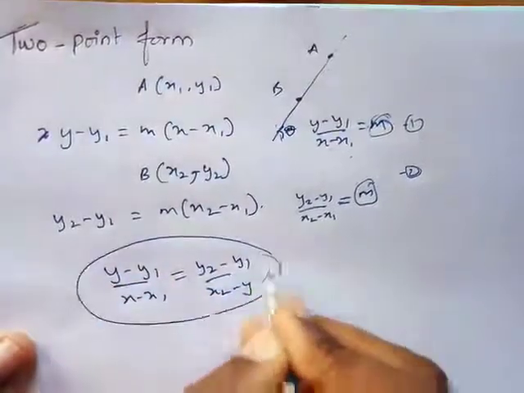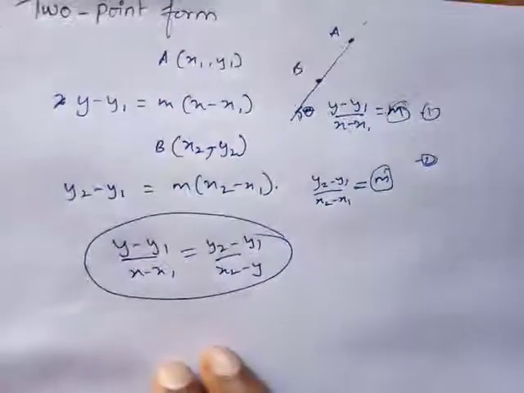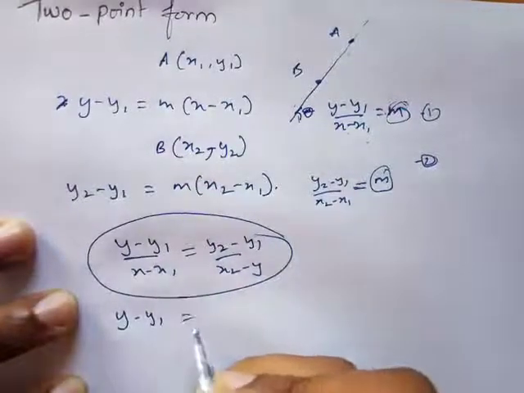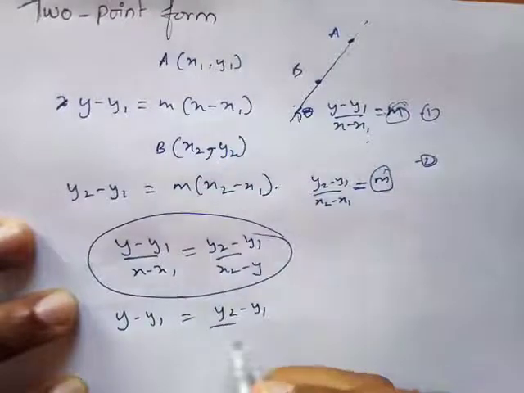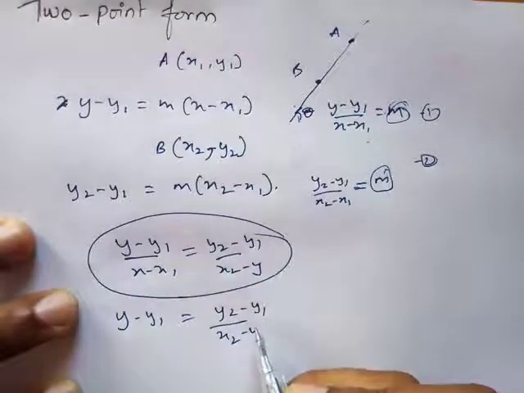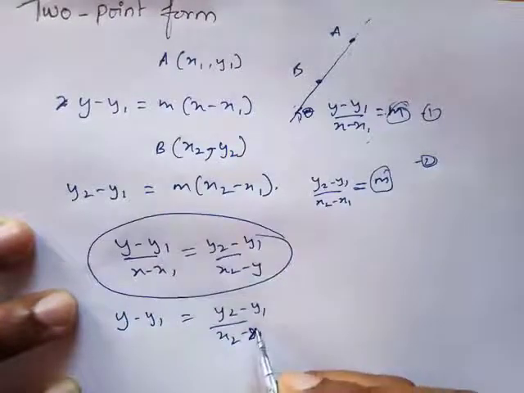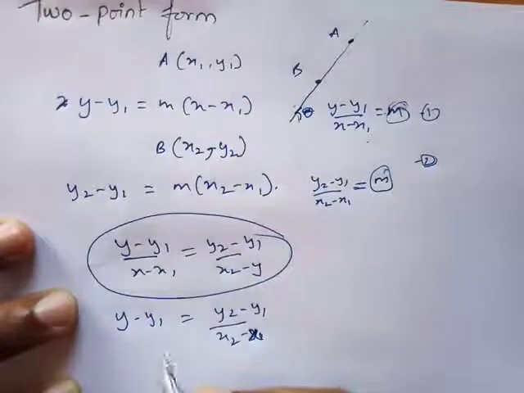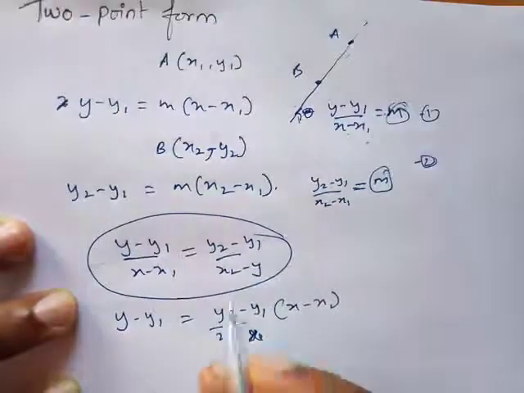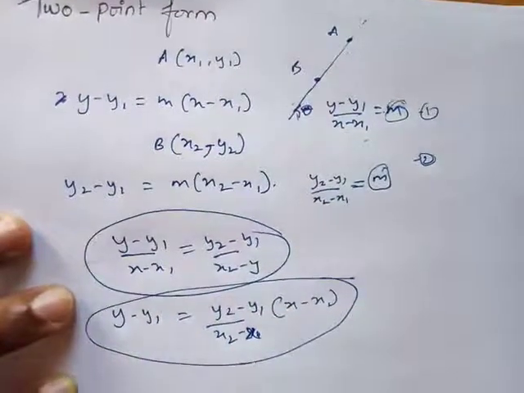In your books, they have solved it further and written it like this: y minus y1 equals (y2 minus y1) upon (x2 minus x1) times (x minus x1), sorry. They took this to the other side and multiplied it, so both equations are the same.